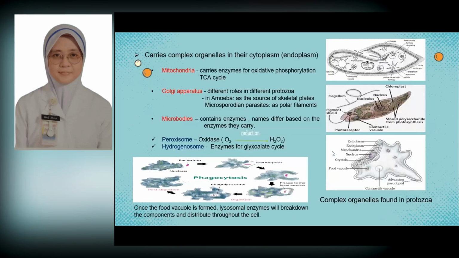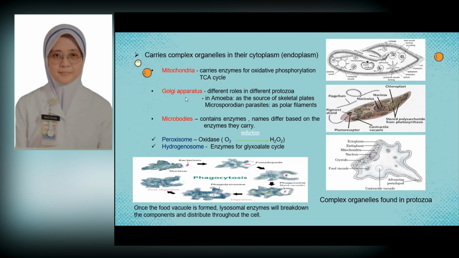Okay, next. This shows the complex organelles they carry in their cytoplasm or endoplasm. The first one, mitochondria, carries enzymes for oxidative phosphorylation and the TCA cycle.